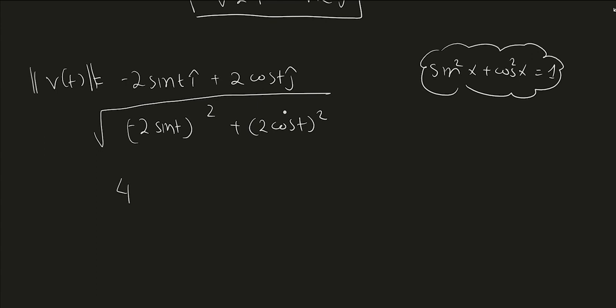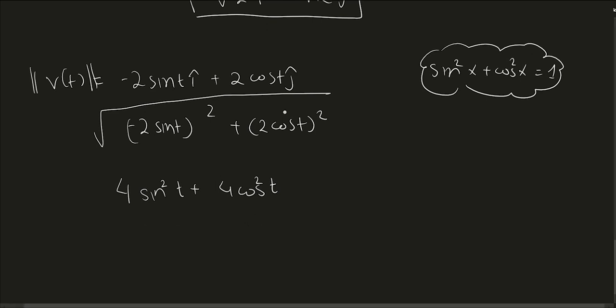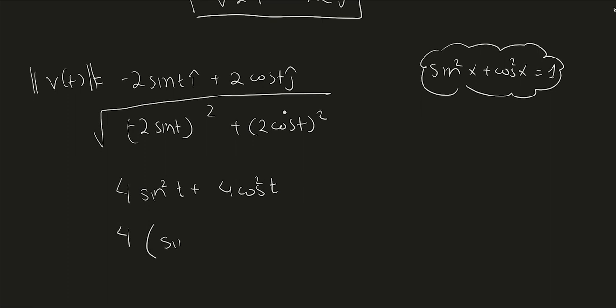So it's going to be 4 sine squared t plus 4 cos squared t. Now factoring the 4 gives us 4 times sine squared of t plus cos squared of t.